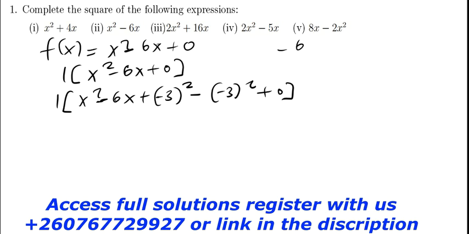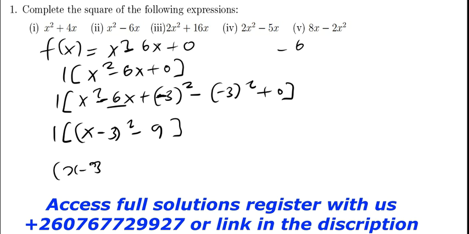Now the next thing is we ignore this, and I'll say x, then keep the sign in the brackets, minus 3 squared, then minus negative 3 squared is 9, plus 0. I just leave it. The 1 is not going to affect anything. It's the same as x minus 3 raised to the power 2 minus 9. So that's the completing the square method.